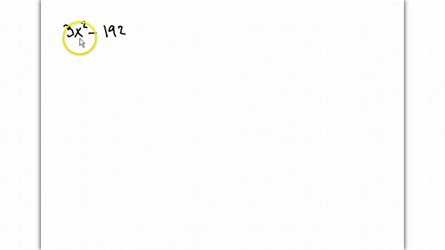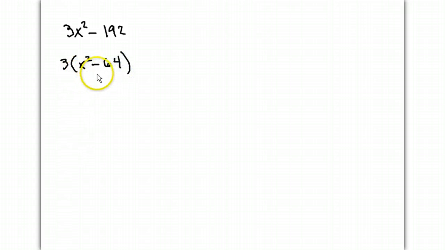What can be done, you look at 192 and you look at 3 and you ask yourself, do they have anything in common? Can 192 be divided by 3? And the answer is yes. So you pull a 3 out and what you have left is x squared minus 64. Then you ask yourself, am I finished with this problem?